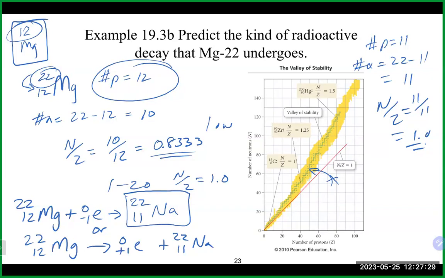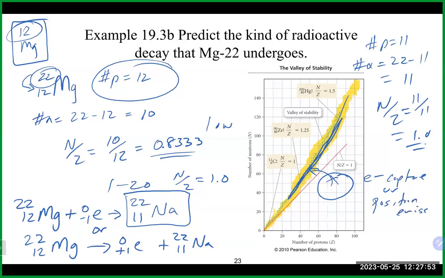Any questions on that? Yeah. So if you are too low from this belt of stability here, basically the way it could fix it is one of two things will occur. Either it could do an electron capture or a positron emission.